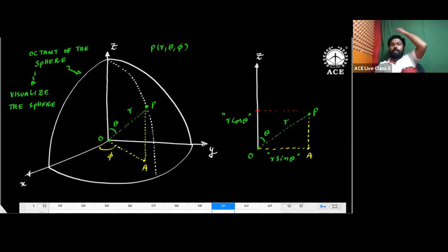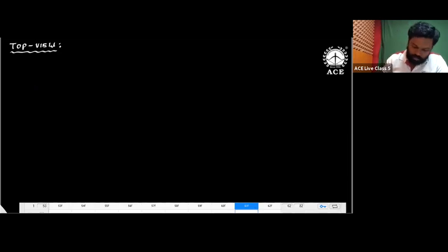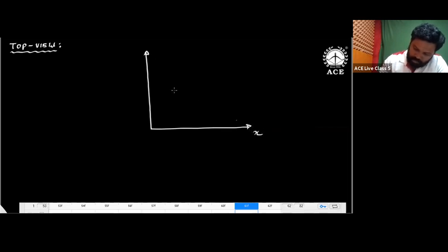Let me go back. If I see a top view, what will I notice? I'll notice the XY plane. It is a sphere actually. In the XY plane, I'm going to notice a circle. Yes. So here it is, the XY plane, beta. Here it is X, here it is Y. Z is outside the board.